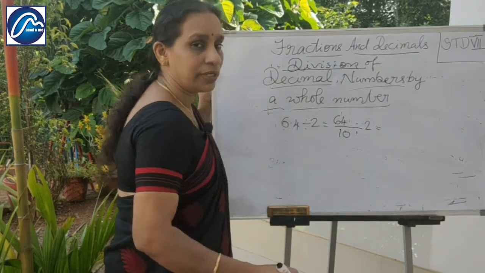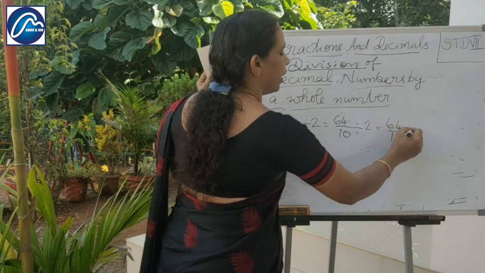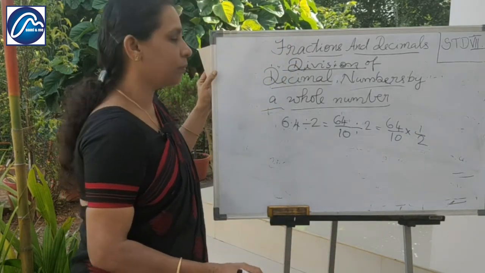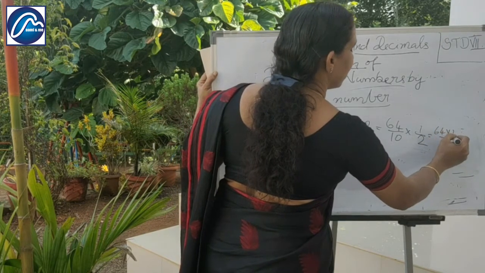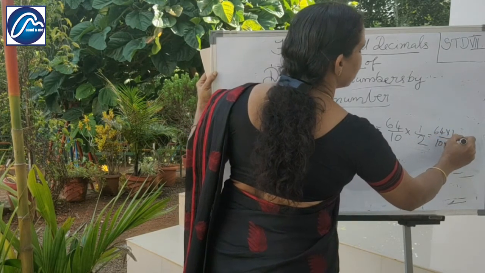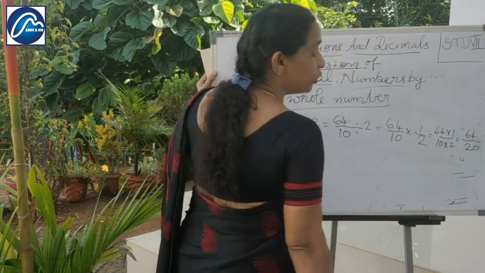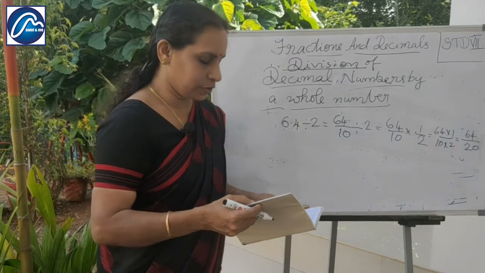When you are dividing, you have to take the reciprocal and multiply by 1 by 2. What is the reciprocal of 2? 1 by 2. So multiply the numerators and multiply the denominators. 64 into 1 is 64, 10 into 2 is 20. So the answer is 64 divided by 20.